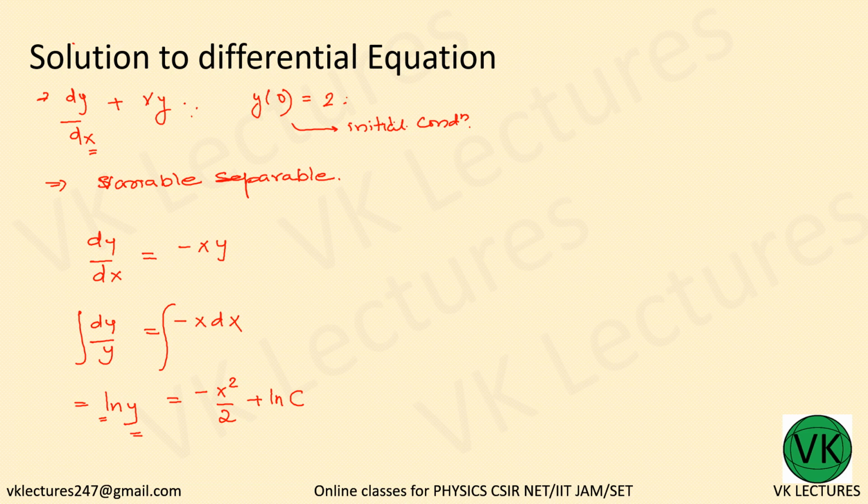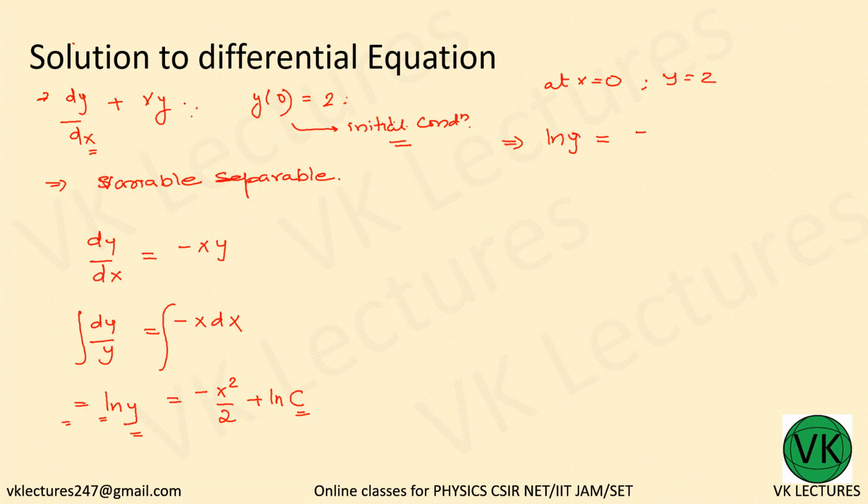Now bring in this initial condition. Once we get this, our aim is to find out what c is. Now at x equal to 0, y equal to 2, right?